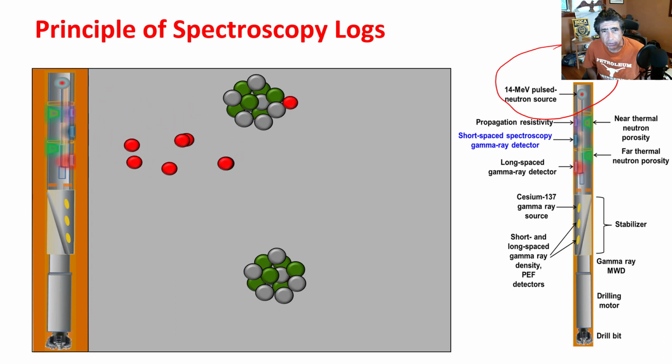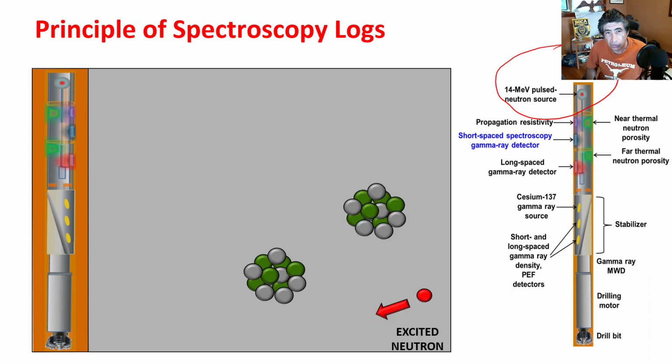Those high energy gamma rays are going to help us understand better the carbon-oxygen ratio, for instance, as one of the applications. And then as neutrons begin to lose energy, they undergo elastic collisions, and those collisions are going to reduce the energy of the neutrons until they reach the so-called thermal threshold.